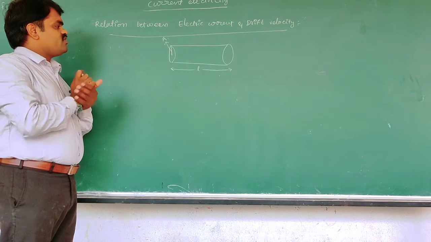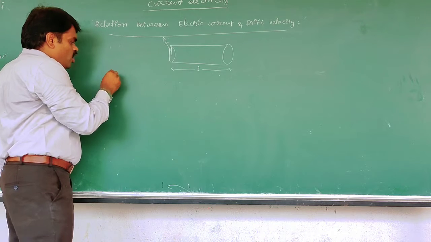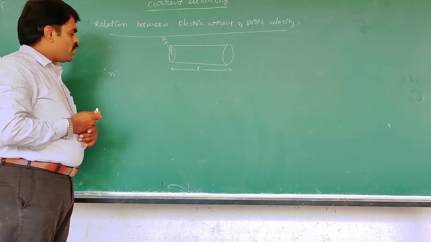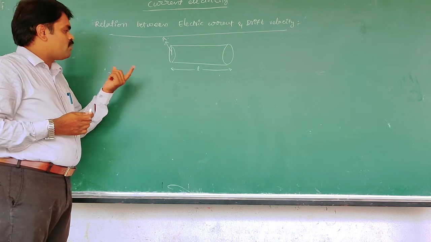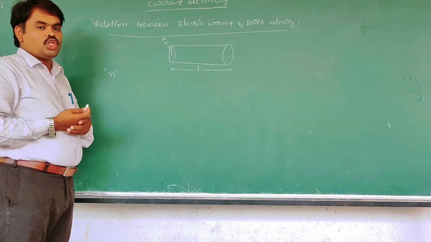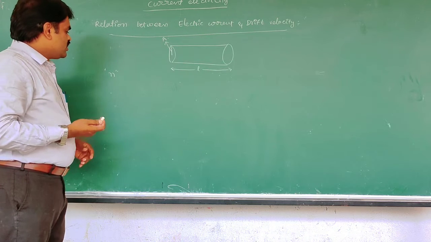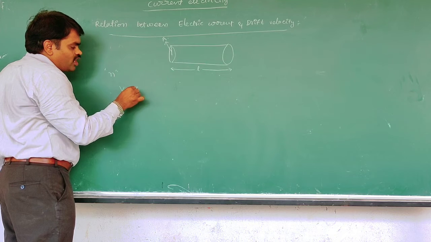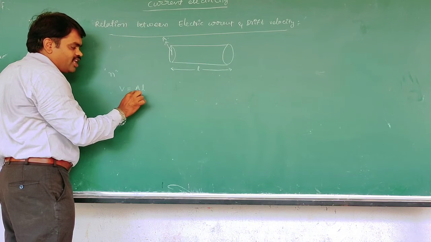Here the conductor contains n number of free electrons per unit volume. Then the volume of the conductor V is equal to A into L, area into length.